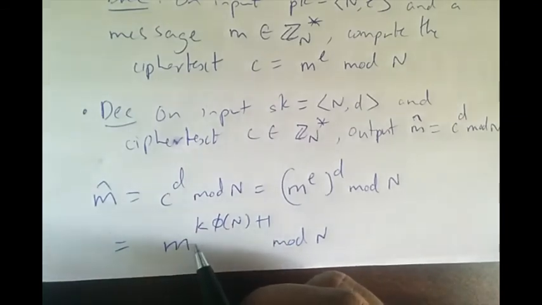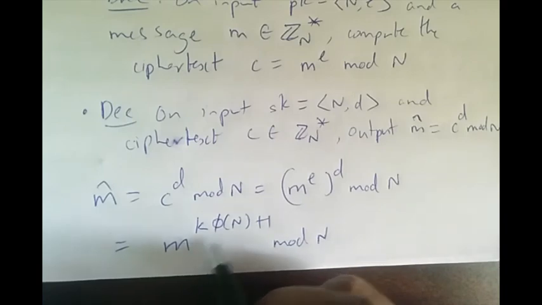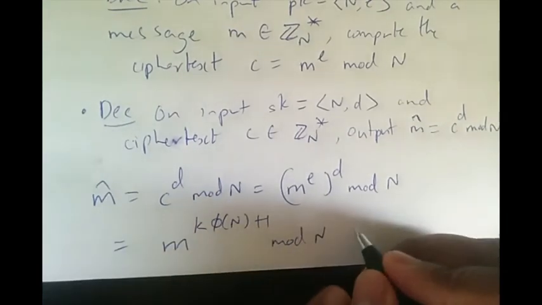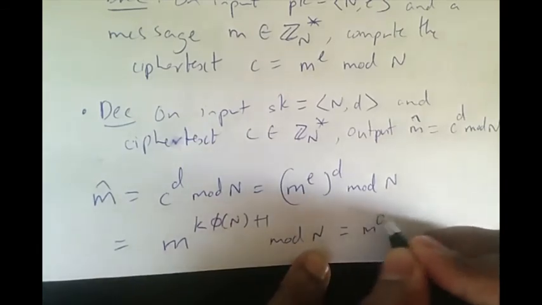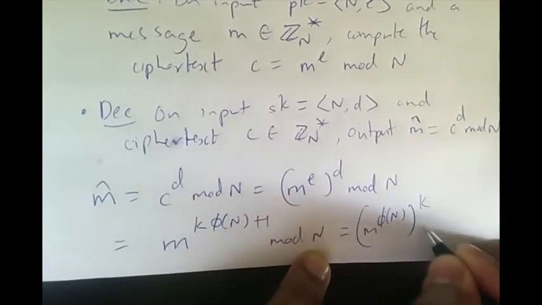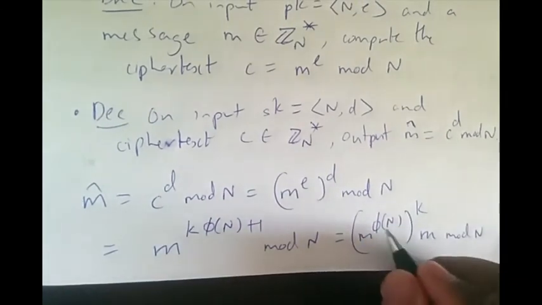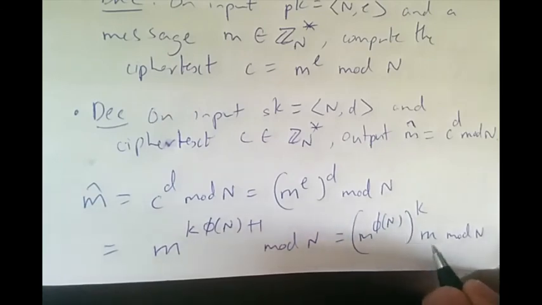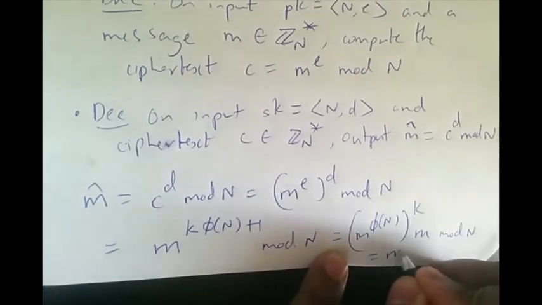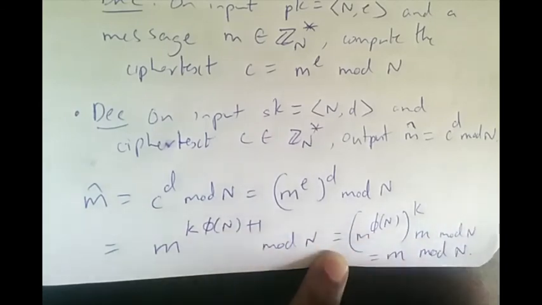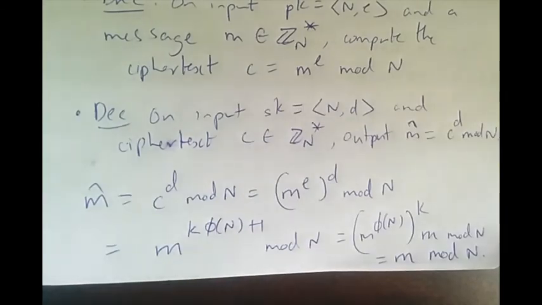Now, M belongs to Zn star, so by Euler's theorem, M raised to phi of n is 1. So this is M raised to phi of n whole raised to k, times M mod n. This is 1, so 1 raised to k goes away, and you just get back your M mod n. So the decryption of the encrypted ciphertext gives back the message.